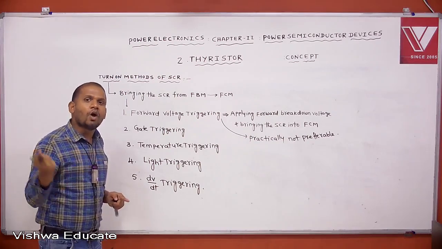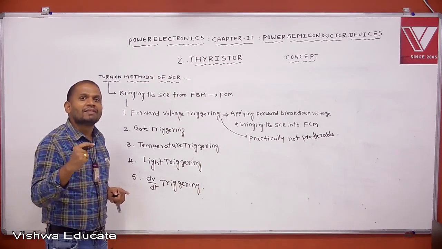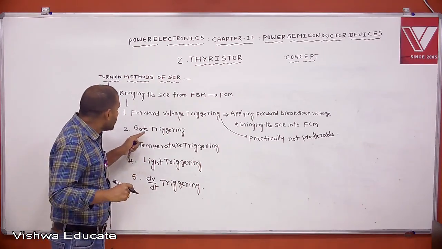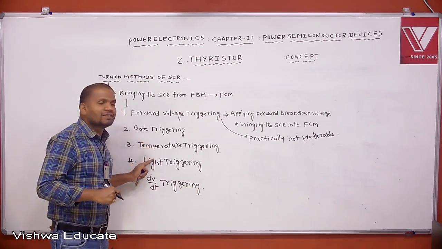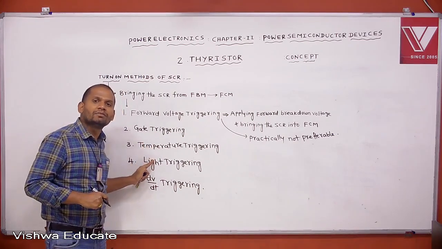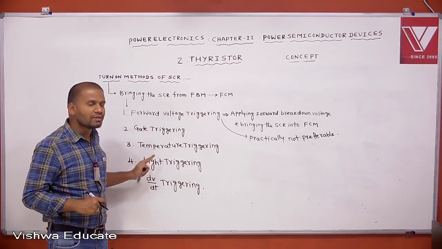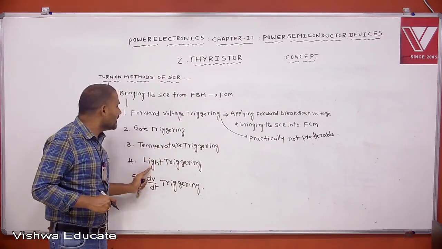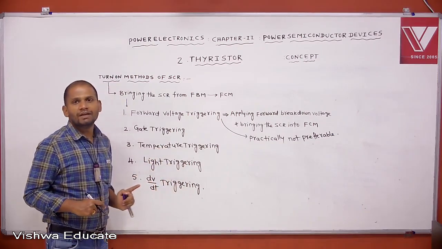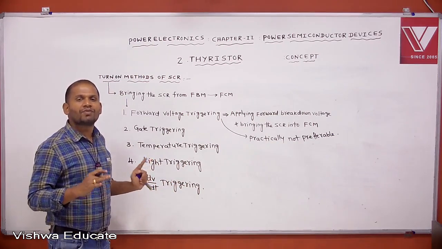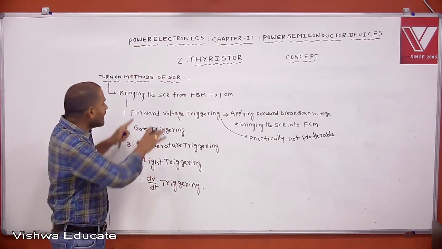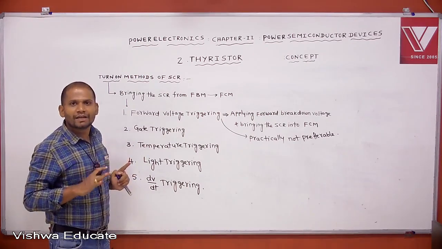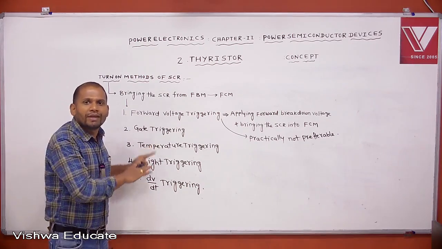Within the SCR, how the positive feedback action takes place can also be explained by the two transistor analysis. So first I explain what exactly the two transistor analysis is. Then, using it to explain these two methods, I go for light triggering and dV by dt triggering. Now we'll see the concept of two transistor analysis, and from that how you can explain these methods.